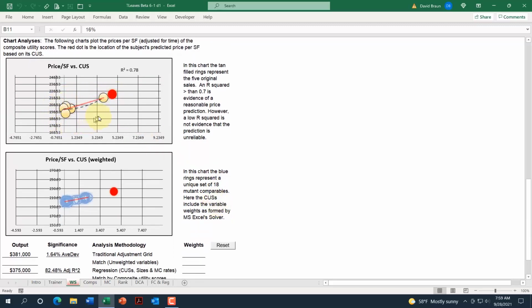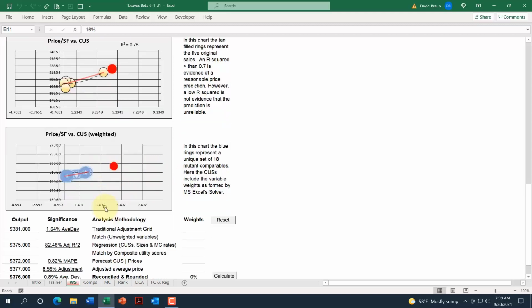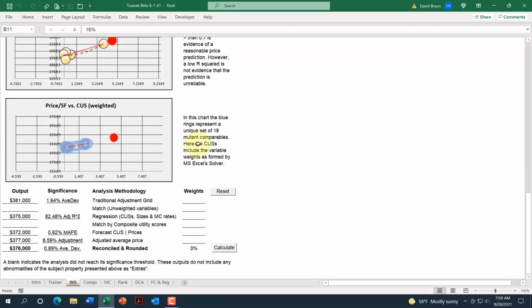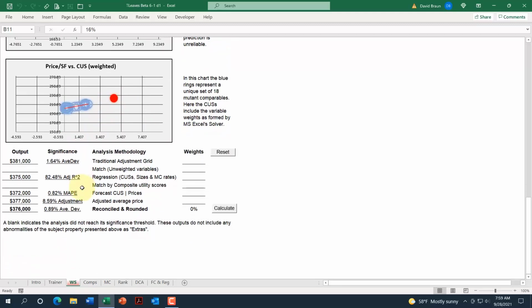These are the five sales. You can see that the composite utility score is not within the others. And here we have a different situation that you can read about. We're not going to get into it now, but we've created what we call mutant comparables. And you can see that the subject is over away from it.